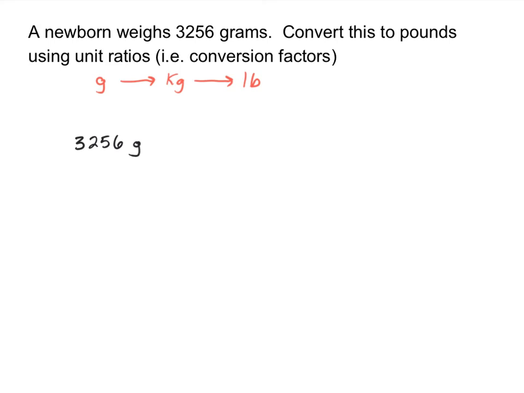I just saw on the last page that if I can multiply by a unit ratio or a conversion factor where the unit of grams is in the denominator and another unit's in the numerator, in this case kilograms, then this will change my value from grams into kilograms. The reason why is because this conversion factor is telling us the number of kilograms per 1 gram.